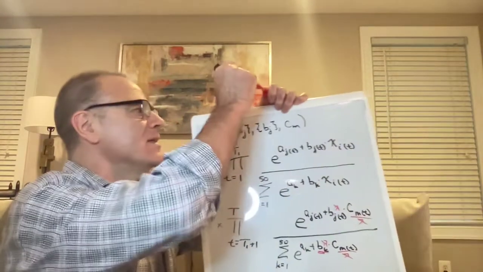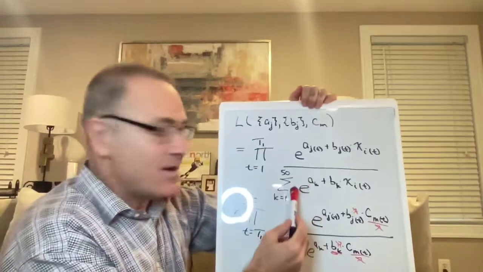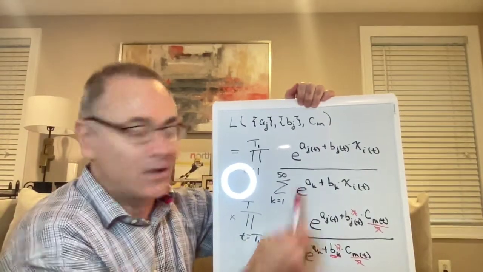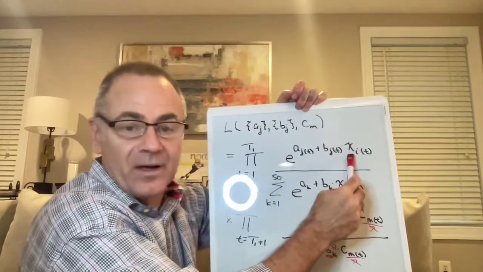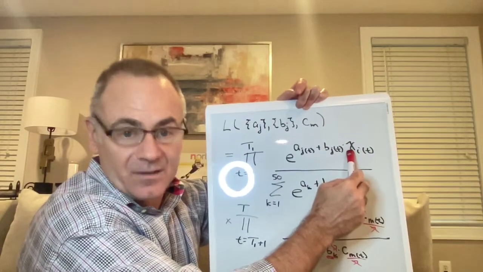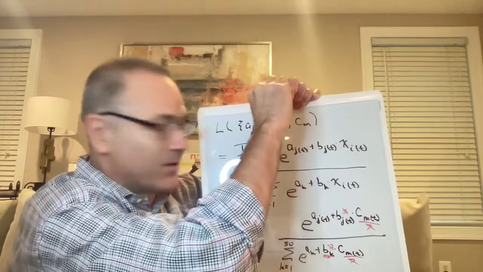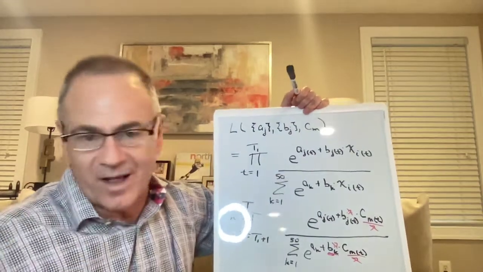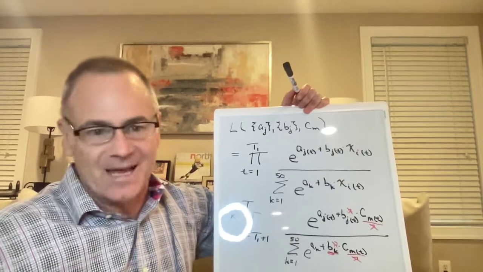So if we had no congressional data at all, that would be a problem. It's not a problem here, because this x sub i is data. It's not a parameter.